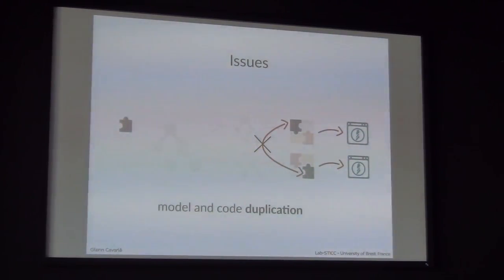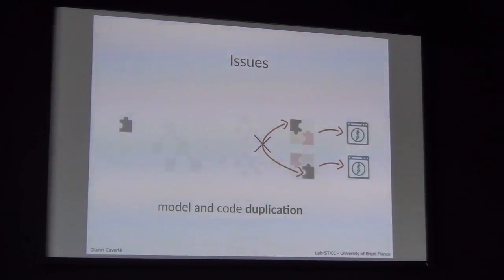One of the problems caused by this one-to-many relationship is the duplication of information. The more duplications you have in your round-trip process, the harder the round-trip process will be to implement, because you have much information to synchronize in different places.